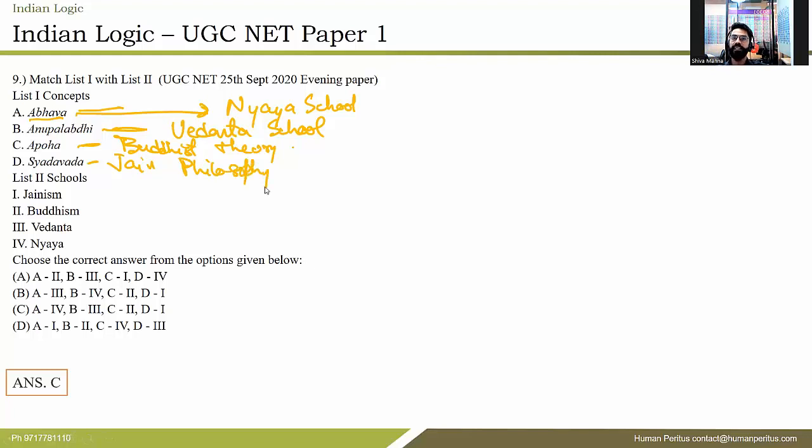It explains that any and every judgment is conditional. Everything you believe in, everything that you can think of is based upon conditions which are attached to it. Okay. So the correct option is C.